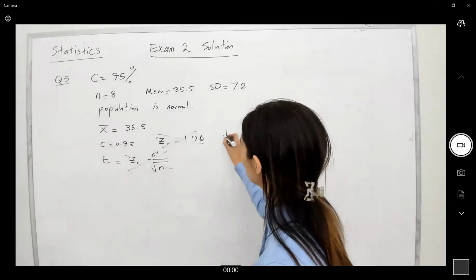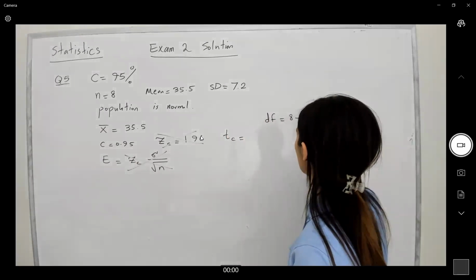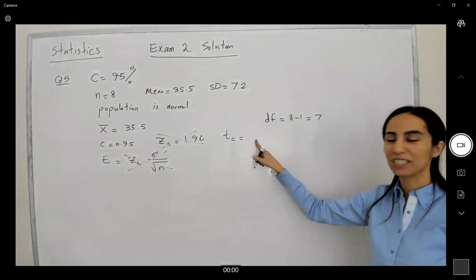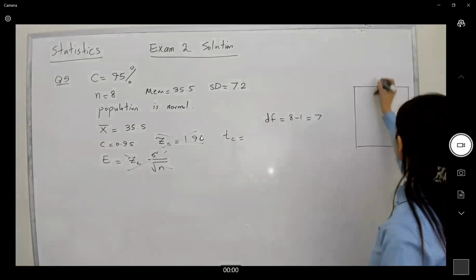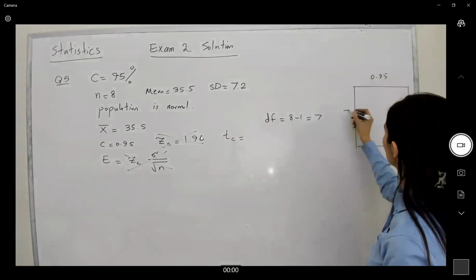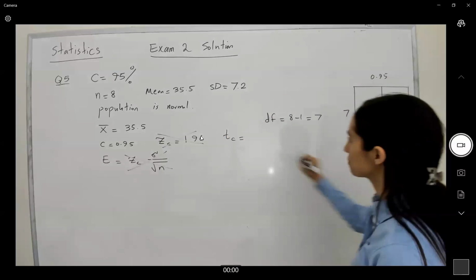What is TC? The degrees of freedom is 8 minus 1, which is 7. What is your TC? 2.365. Thank you very much.